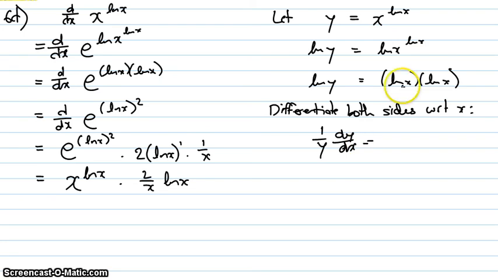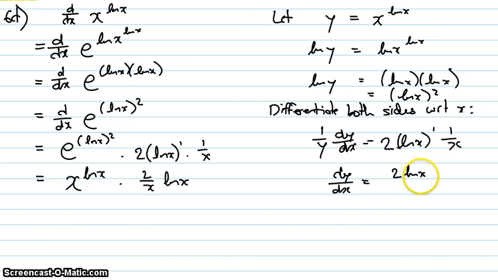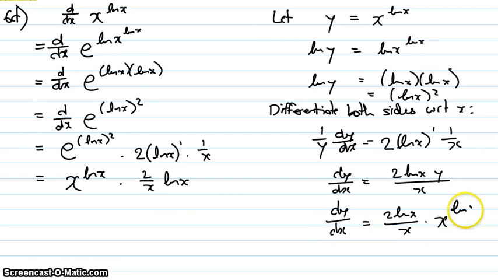This is of course ln of x, whole thing squared. So the 2 comes down the front, keep the inside constant, differentiate the inside. That means dy by dx is equal to 2 ln x times y over x. That means that dy by dx, substituting in for y, is equal to 2 ln x over x times x to the power of ln x.